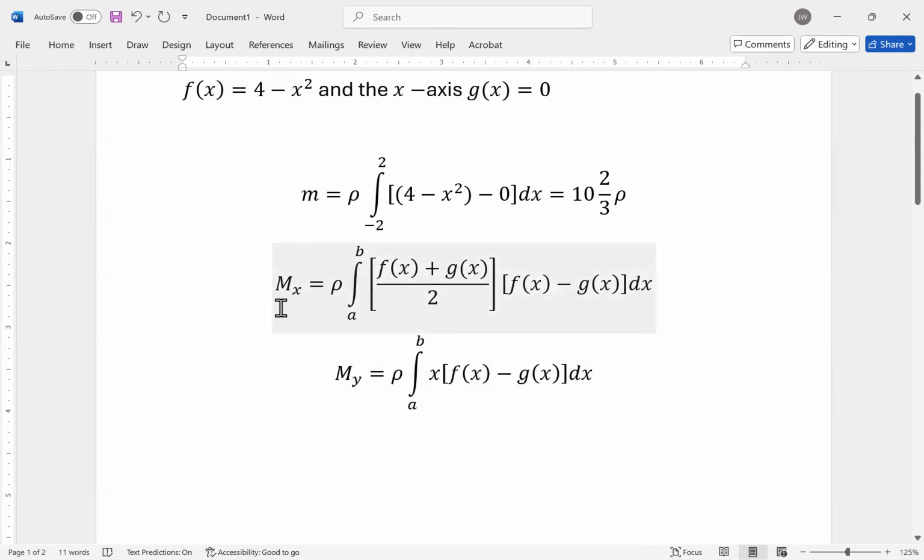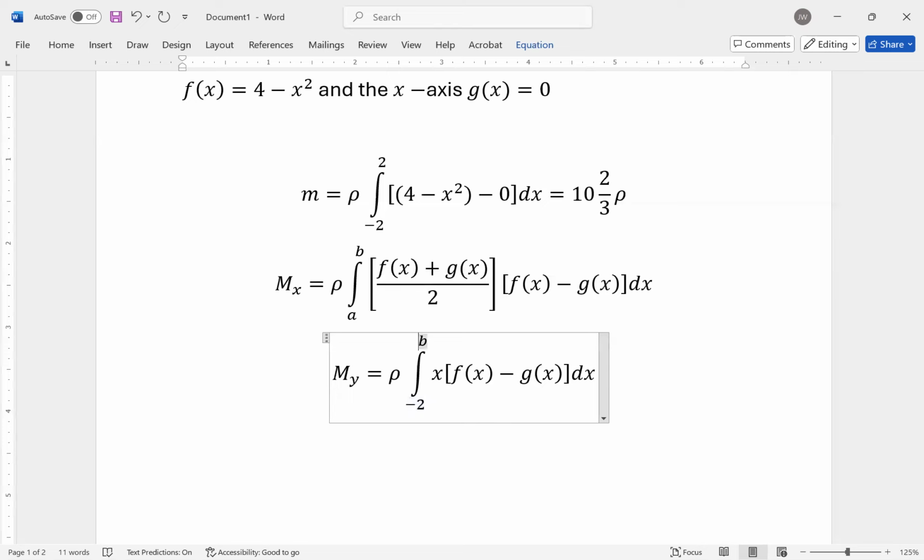If I want to find the moment about the y-axis or the moment about the x-axis, it doesn't matter which one I do first. I think I'll do the moment about the y-axis first. So I look at this formula and I say, I know my bounds for my x values go from -2 to 2.